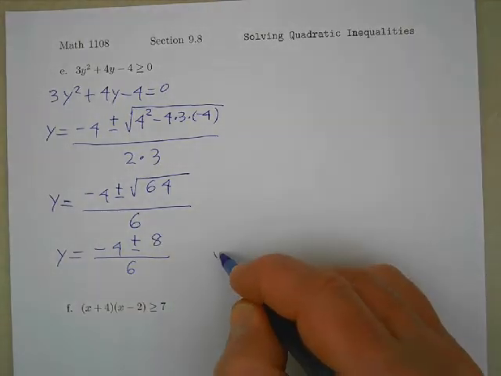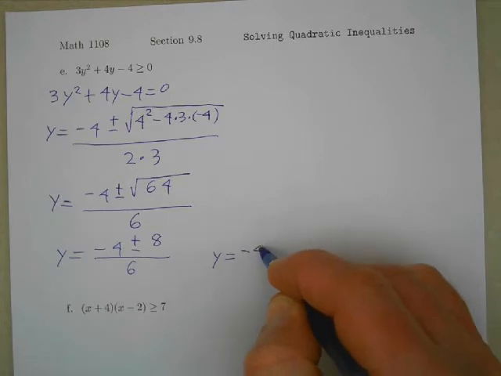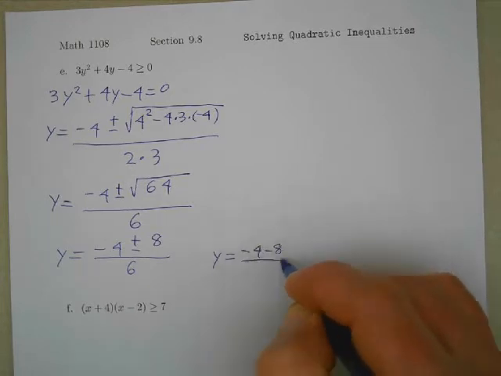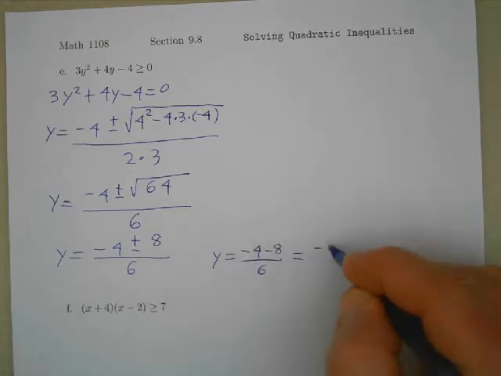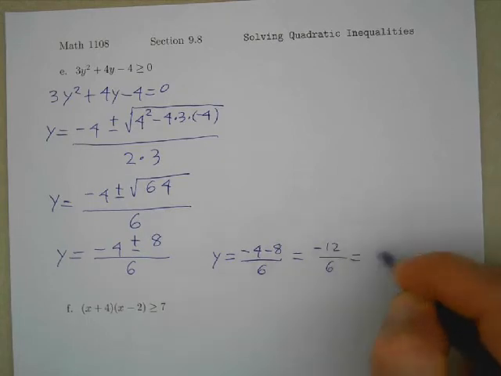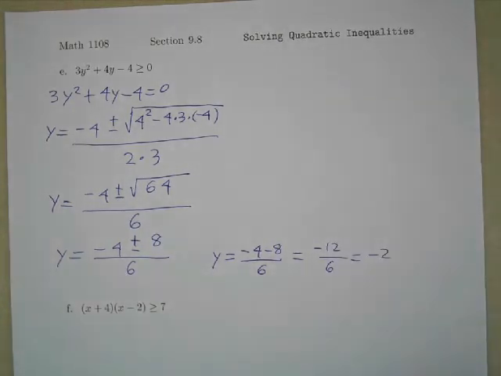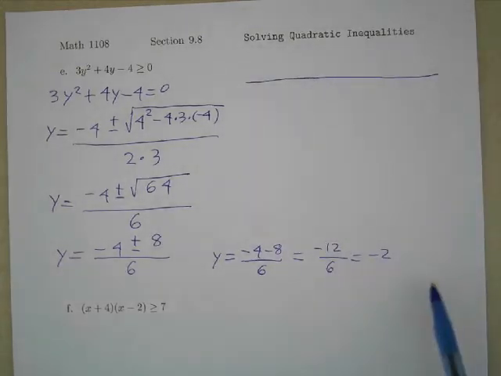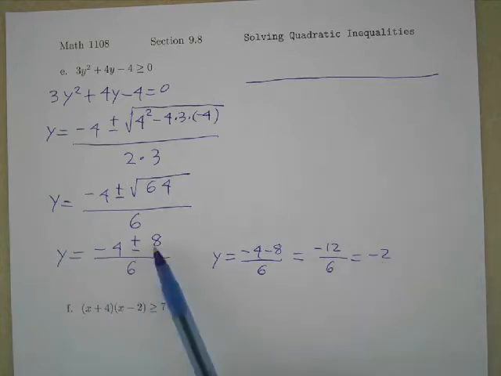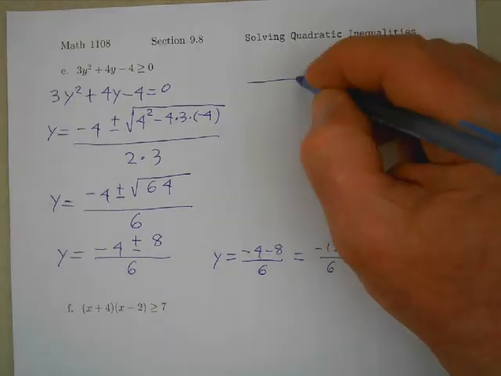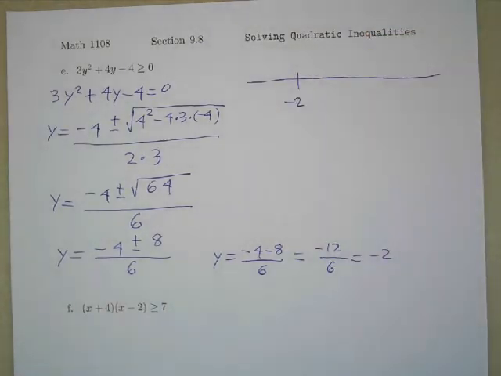Okay, so one of the solutions is negative 4 minus 8 divided by 6, or negative 12 divided by 6, or negative 2. We can tell that one of the endpoints is negative and the other one is going to be positive. So I'll go ahead and plot the number negative 2.